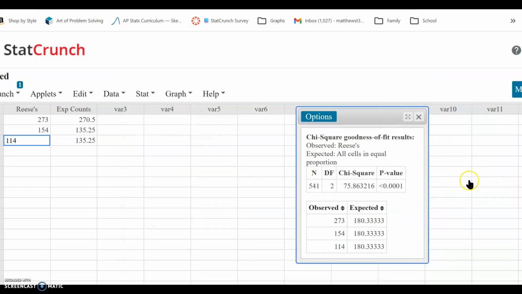And over here you can see our chi-square test statistic would be 75.863 and a p-value less than 0.0001. This is kind of what we expected when we first ran the test, because that seemed very, very unlikely results. But you can see with those adjusted percentages, it certainly is reasonable. This is pretty close to 270.5, and these two are also not far off from 135.25.